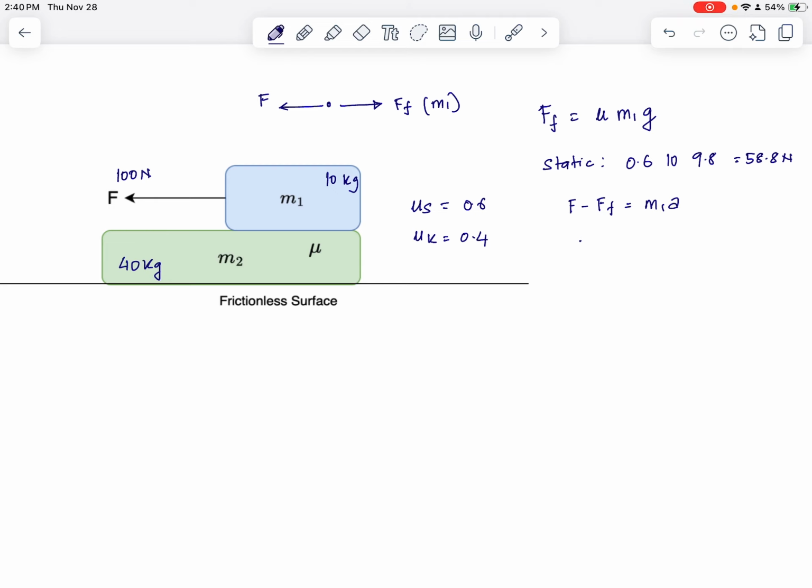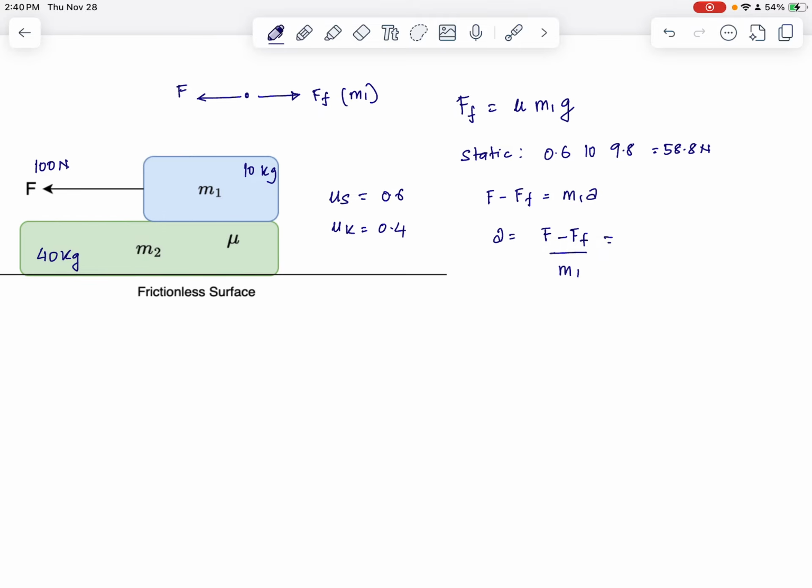So the acceleration equals the externally applied force minus the friction force divided by M1. Here the force is 100 newtons minus the frictional force, which is 0.4 because it's kinetic friction, times 10 times 9.8, divided by 10.